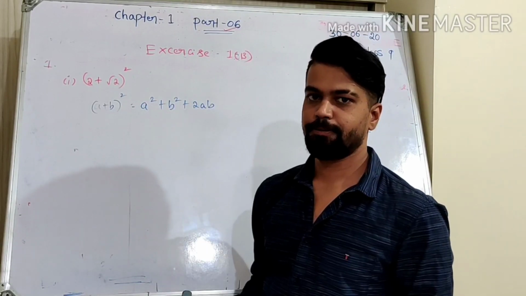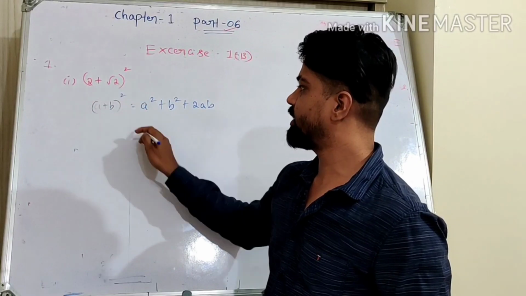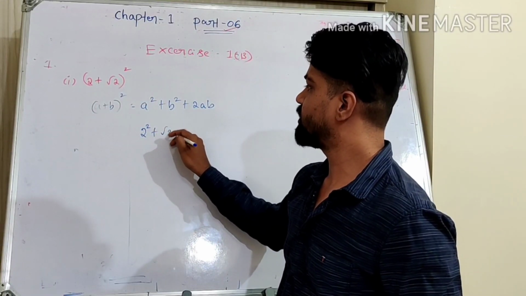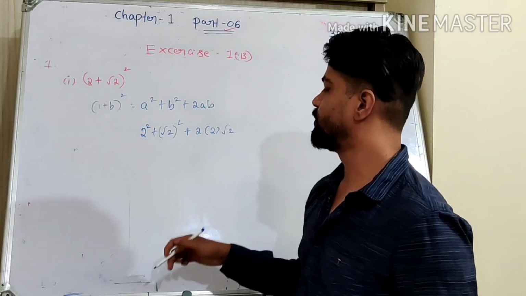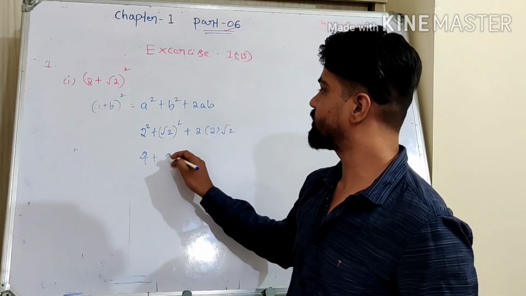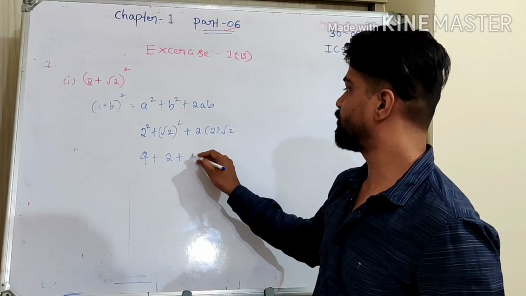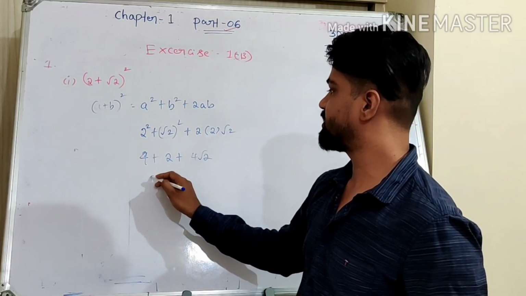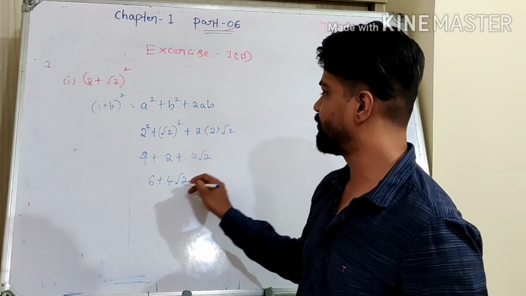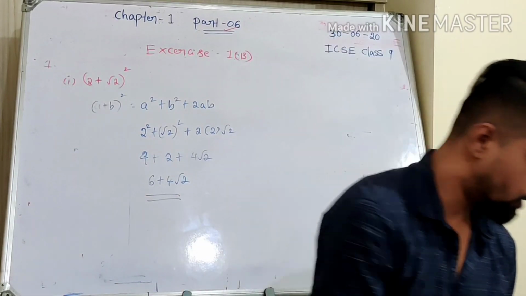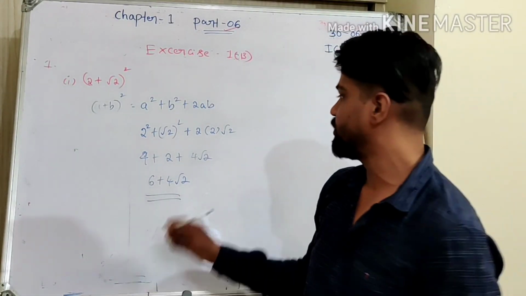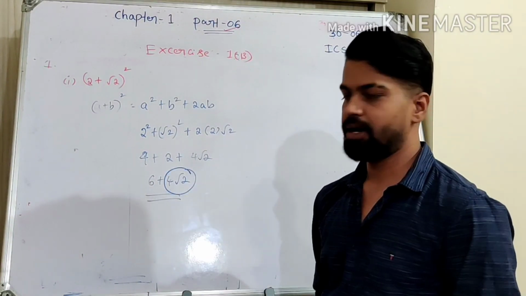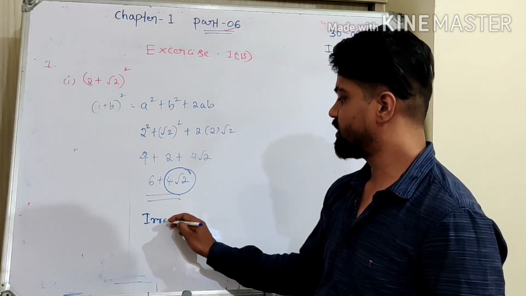So if you square it, it is 2 square plus (root 2) whole square plus 2 into 2 into root 2. So this is 4 plus 2 plus 4 root 2. So we end up with 6 plus 4 root 2. In this, at the end, what we have is a root 2 term, which is not possible to remove. This is the irrational part. So this number becomes irrational.